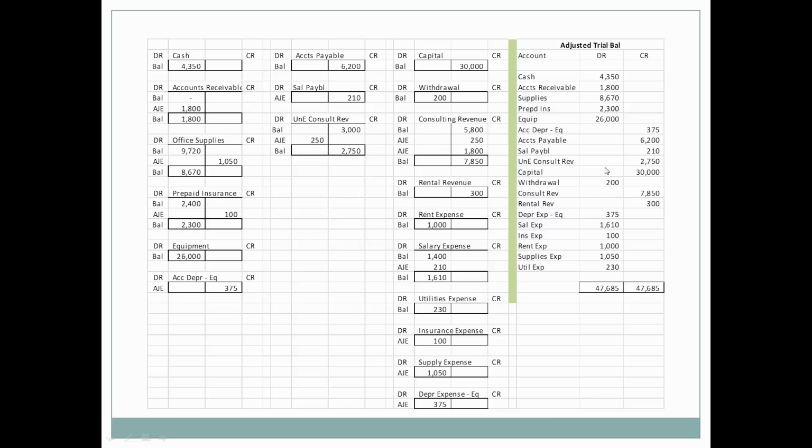And then accumulated depreciation, it will be on the credit side of the adjusted trial balance, but it's associated with the equipment. Next, we see the accounts payable, our salaries payable, the fact that our unearned consulting revenue has gone down, our capital has not changed, our withdrawals haven't changed, our consulting revenue, however, has gone up, rental revenue is the same, we have our depreciation expense that we are recognizing for the first time, salary expense has gone up because we had additional salaries associated with generating or earning this income.